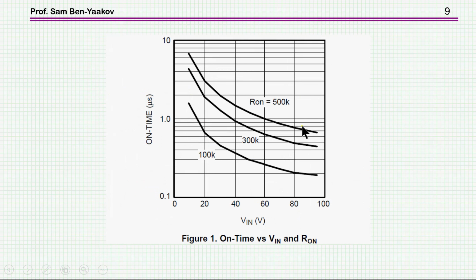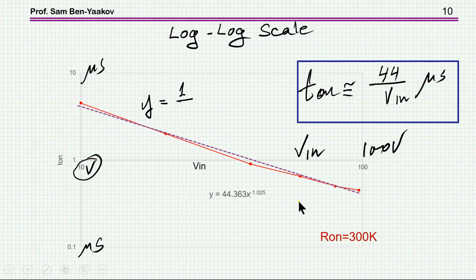We don't see it here because this is log and this is linear. So if I plot it in a log-log scale, you see that this is indeed linear, and the function is 44 over V in. This is in microseconds. So this is the function. This is for a particular R on, for 300 kilo ohm. So you see that this is pretty much what I've said before.